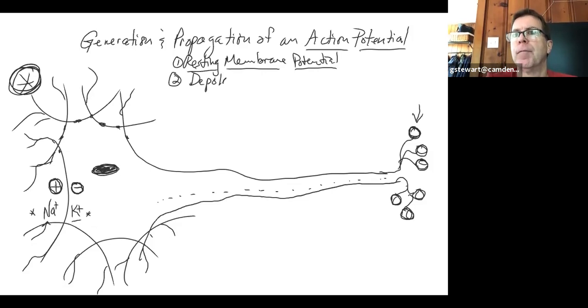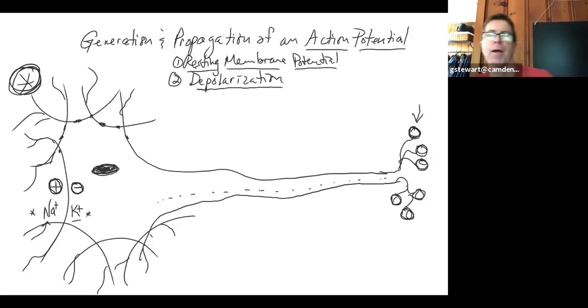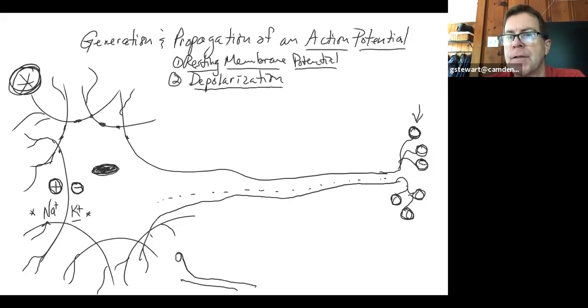Step two, depolarization. This is a complicated step. I'm going to explain this now on my picture. If this nerve cell that's currently at rest gets stimulated, let's say by another nerve cell, so I'm going to put an axon coming from this direction. There's its axon terminals.